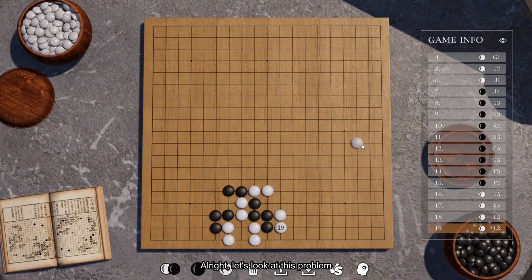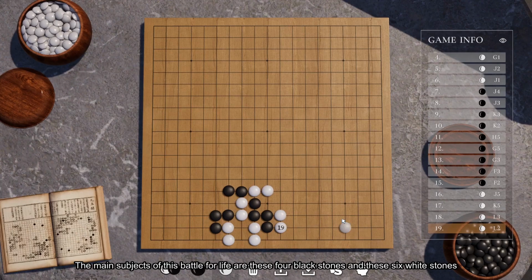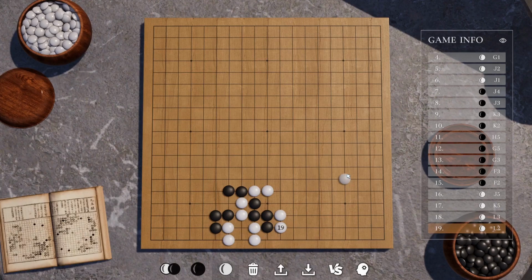Alright, let's look at this problem. The main subjects of this battle for life are these 4 black stones and these 6 white stones. We can also see that it seems white can still connect back along the bottom. That is okay.